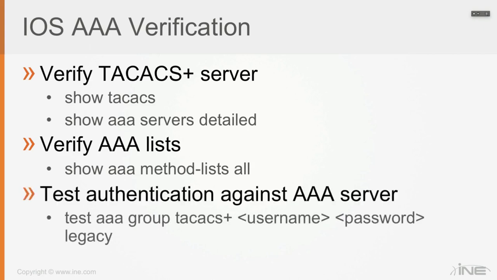And optionally, before we even telnet or SSH to the router to get authenticated, we can test the authentication to see if it would succeed against the AAA server. The command is test aaa group tacacs+. If you define the server globally, then you put in the username and the password, and it's going to simulate an authentication process with that username and password.